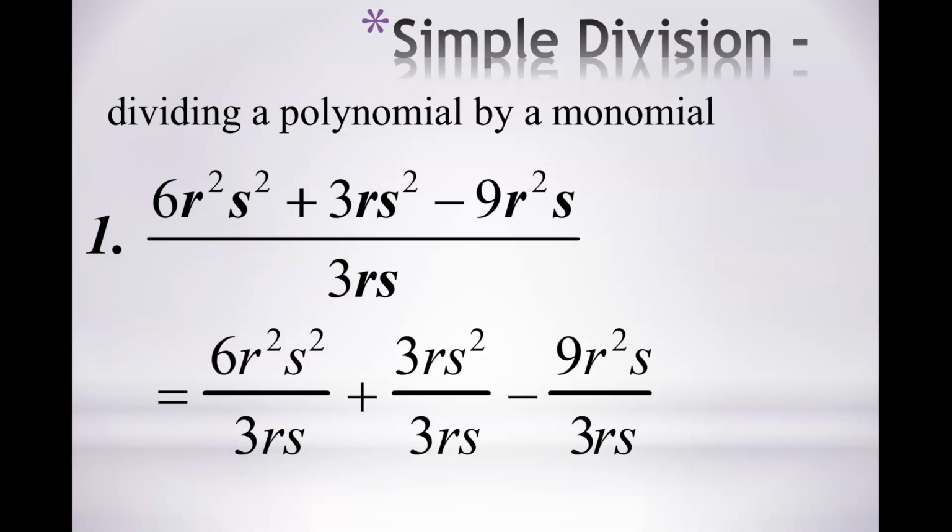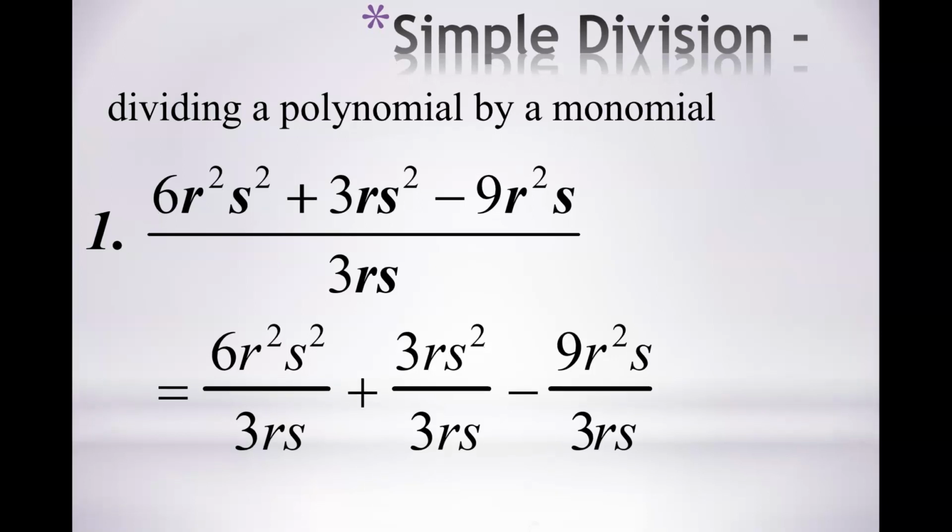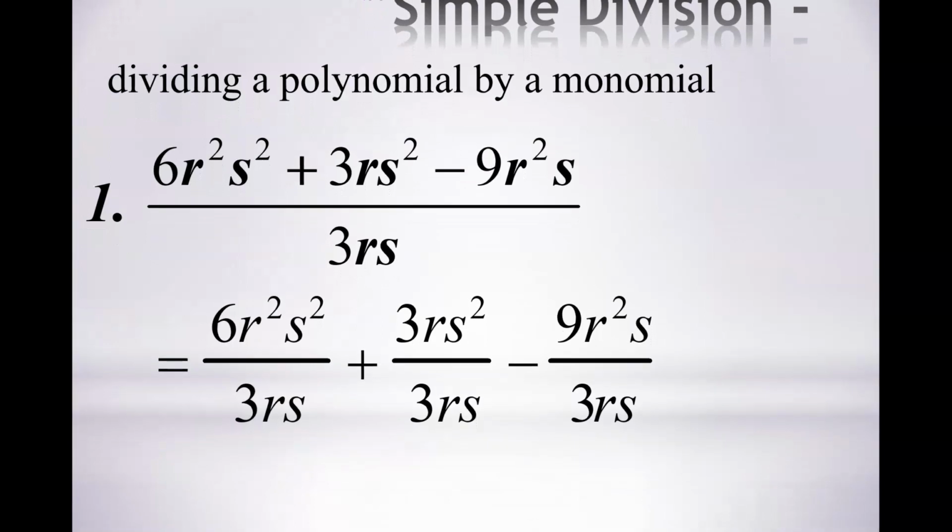So here we have 6r squared s squared over 3rs plus 3rs squared over 3rs minus 9r squared s over 3rs. And what we are going to do is simply divide those two terms together.